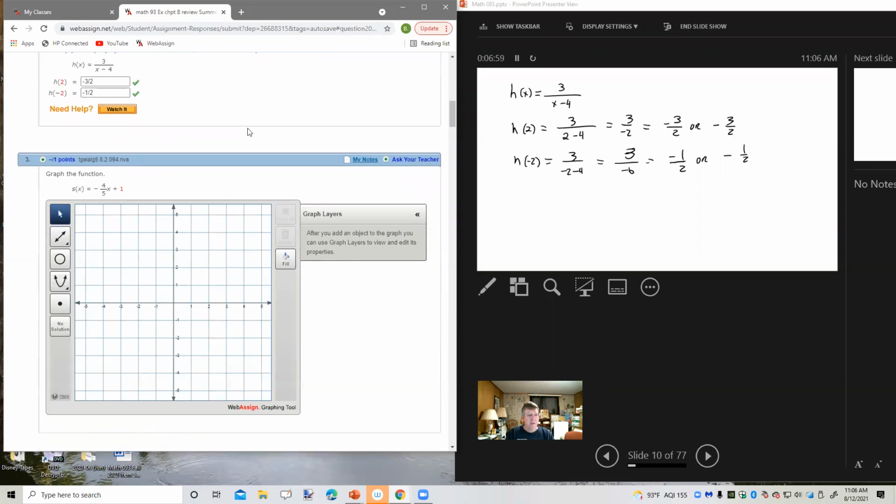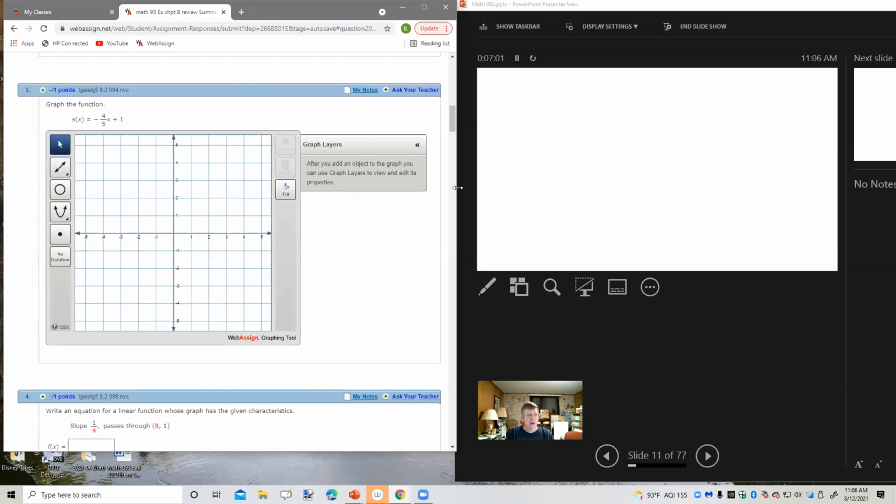All right, let's take a look at problem number 3, which is graphing. So we've got the function s of x equals negative 4/5 x plus 1. Now, there's two different ways we can graph this. We can recognize that it's already in slope-intercept form, so the slope would be -4/5, and the y-intercept would be 1.